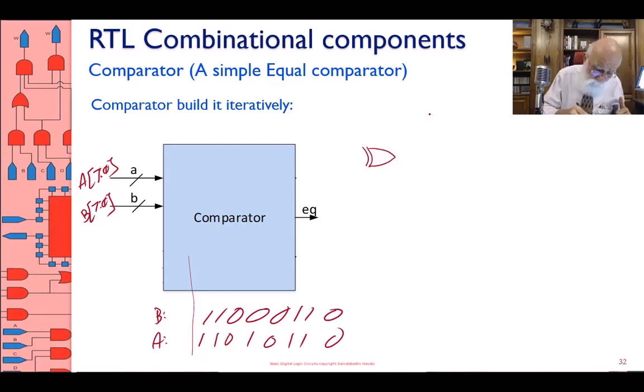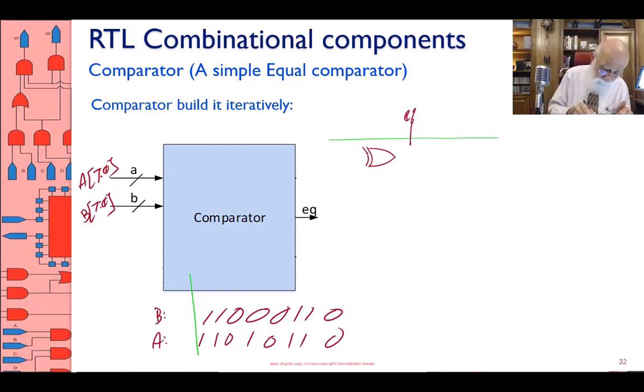And therefore I say, so far, before reaching this point, I am assuming that A and B are equal. And therefore, carrying into this is A is equal to B, EQ.